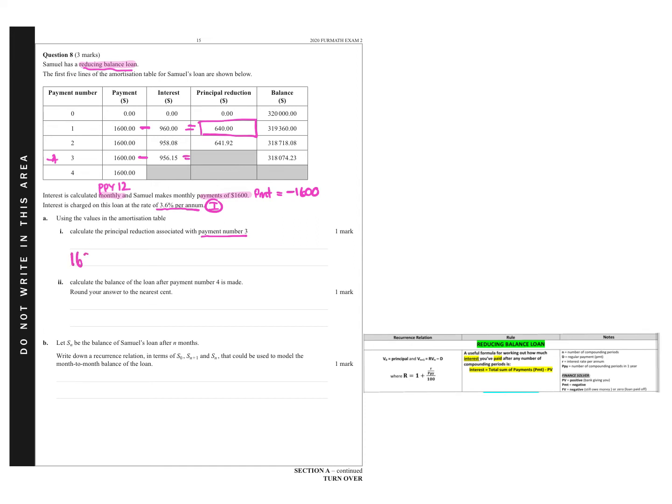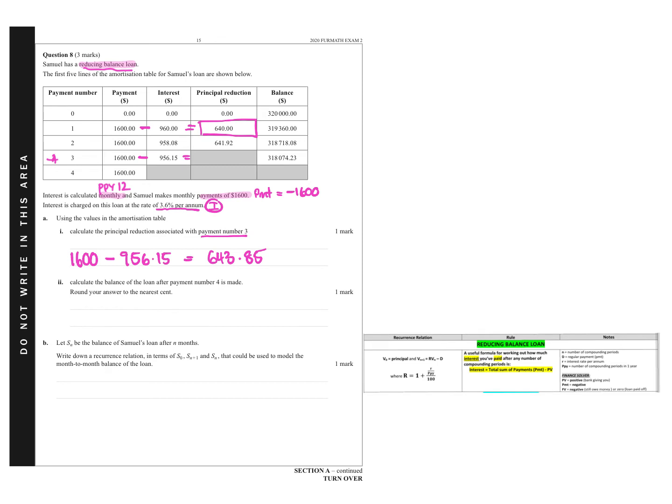So it'll just be 1,600 minus 956.15, which equals 643.85. Okay, calculate the balance of the loan after payment number 4 is made.